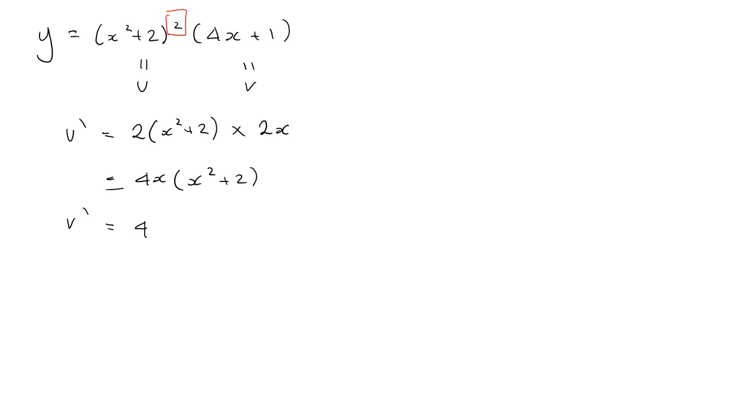Yep. Now we repeat the same step. We use the product rule, so the derivative of y is equal to u times the derivative of v plus v times the derivative of u.